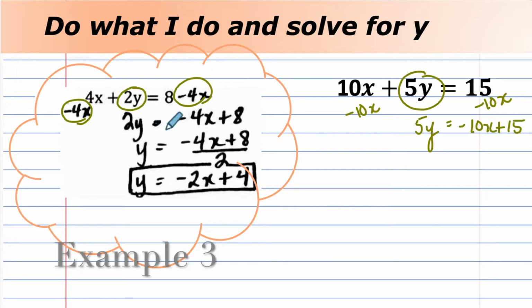Next, I wanted y by itself. Looks like I divided by 2 on both sides, but I didn't show this part. I just went to this step. I'll do the same. I'll just divide both sides by 5.